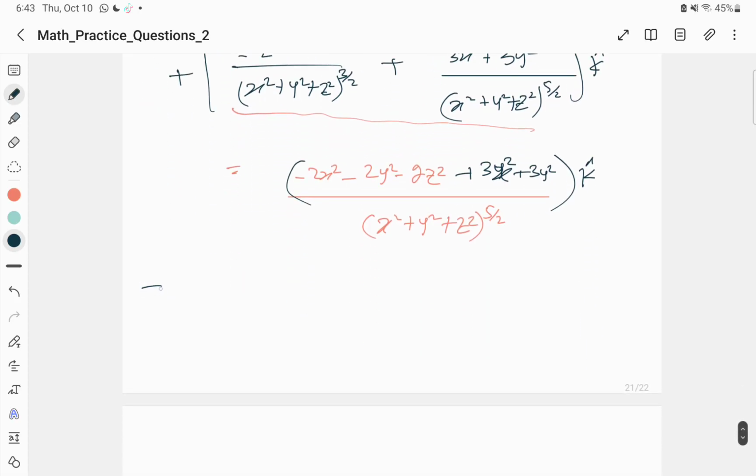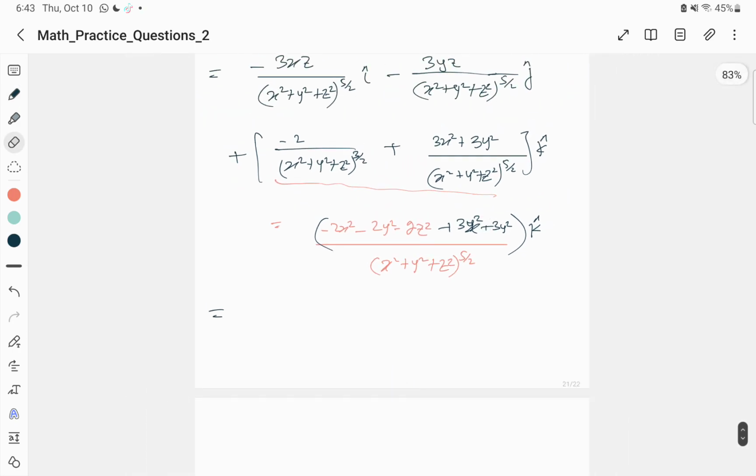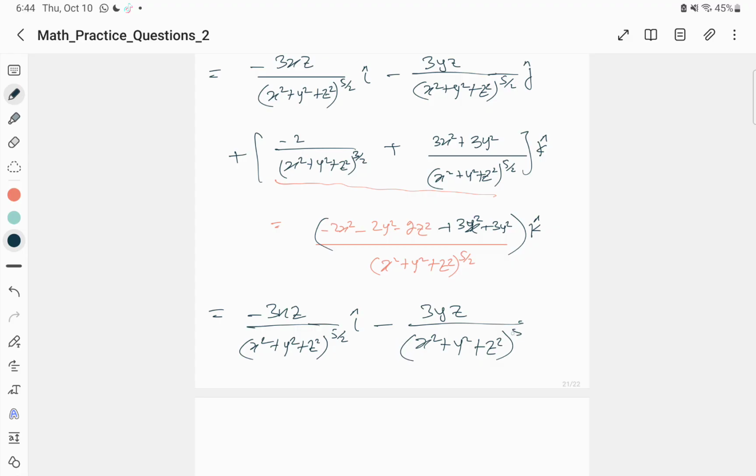Now let's write the more simplified expression for the whole thing. This is negative 3xz divided by (x square plus y square plus z square) to power 5 by 2, I component, negative 3yz divided by (x square plus y square plus z square) to power 5 by 2, the j component.